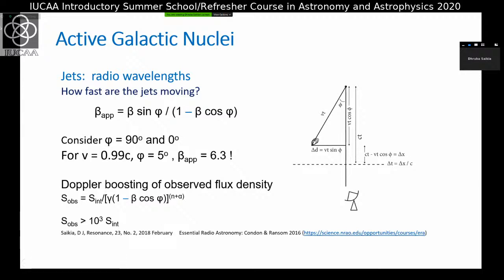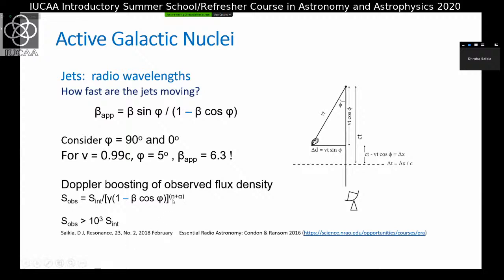There'll also be a bandwidth shift, because the clocks are going to be different. And if you put it all together, what you would get is that the observed intensity can be enhanced by a large factor. Here, n is a bit model dependent, as we'll see later. It can be either 2 or 3.